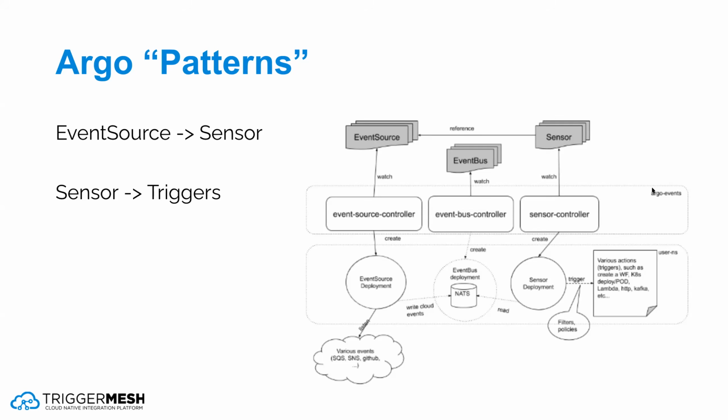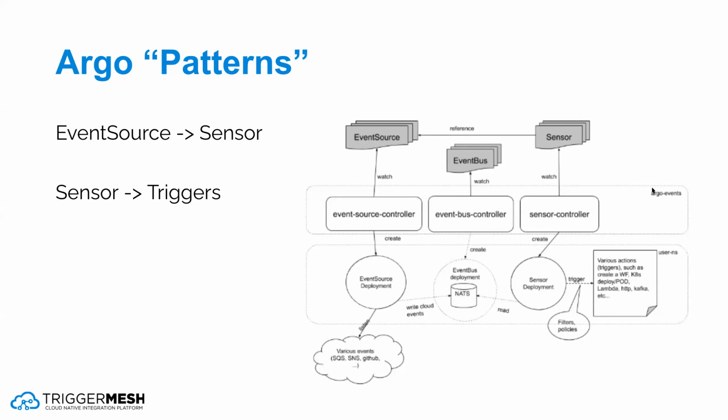But a trigger in the Argo Events world is actually a workload that gets executed. So a trigger is an AWS Lambda or an Argo workflow or an HTTP webhook or something like this, right?